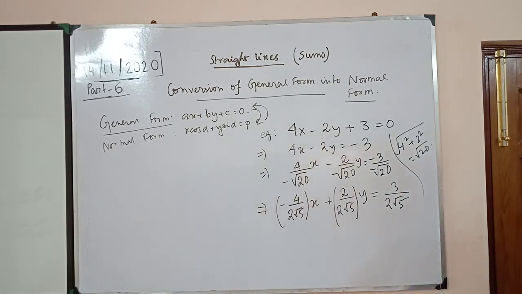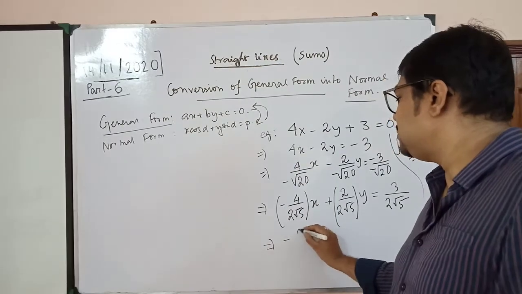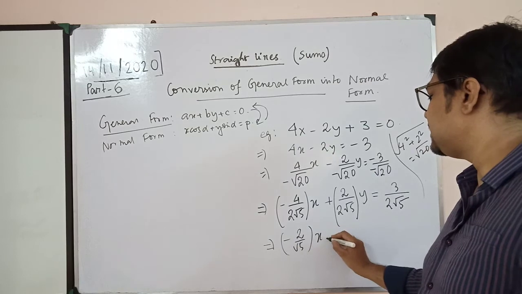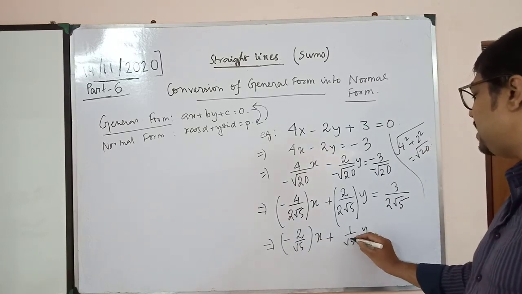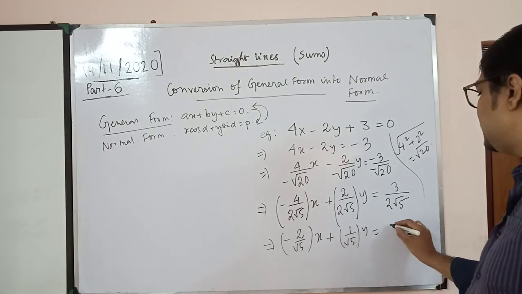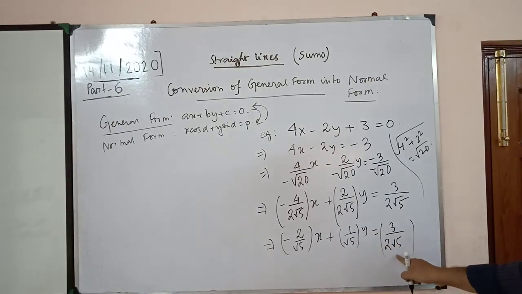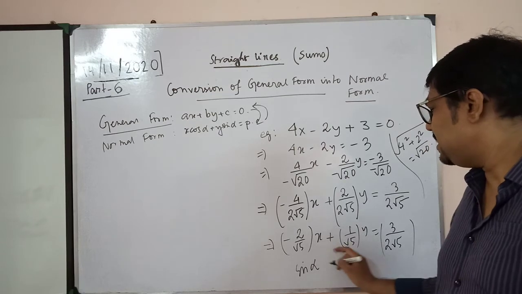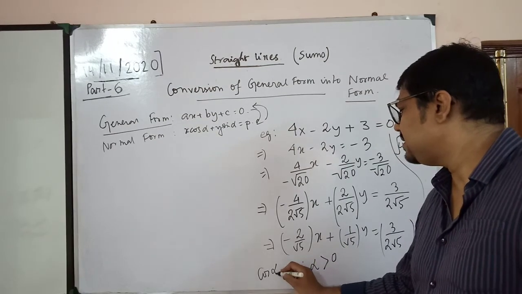Okay. So from here what we understood. So this is something like 2 by root 5 x, then 1 by root 5 y, equals 3 by 2 root 5. So observe that this is still positive, whereas here sin alpha is positive, but cos alpha is negative.